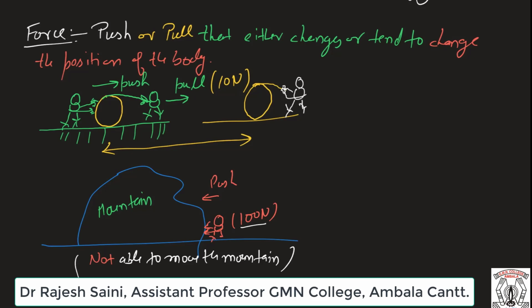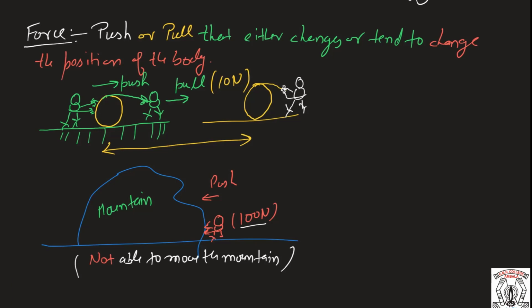Force is being applied. So it is either able to change the state of the motion, or the body continues to be in the same state. While it was at rest, it continues to be in rest, because to displace a mountain you need millions of tons, a million Newton of force, but he is applying only 100 Newton. So before this mountain, this 100 Newton is nothing, but still force is being applied.